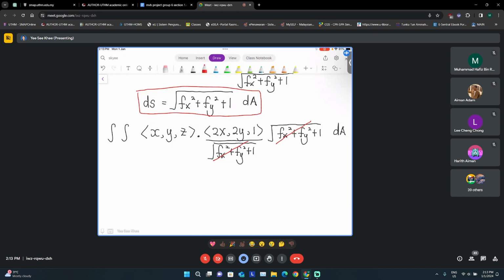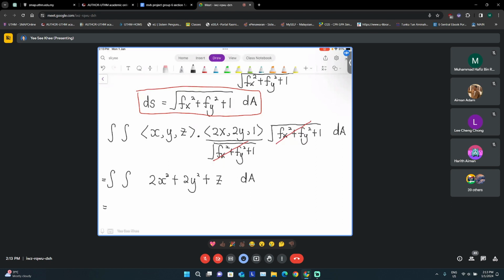And then I perform the dot product. So here I get 2x squared plus 2y squared plus z, and dA.